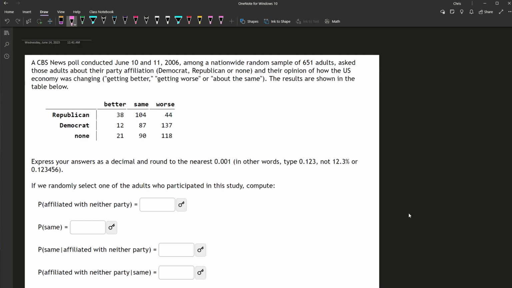For instance, the probability that someone believes that the economy is the same, given that they are affiliated with neither party. For this one, we are restricting our sample space to only people who are affiliated with neither party. So our sample space will only be this none row.